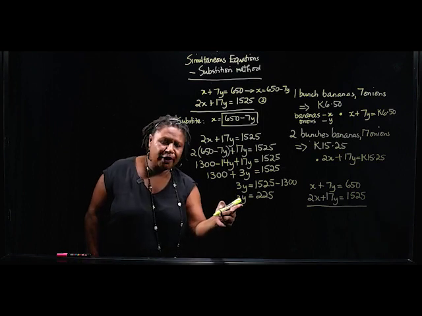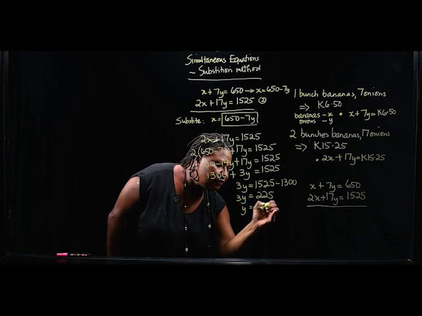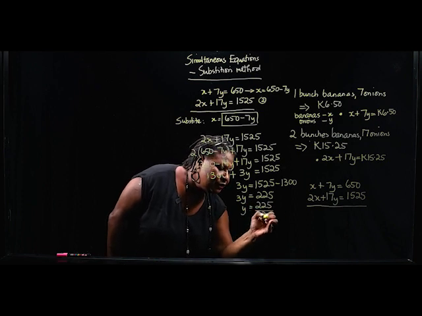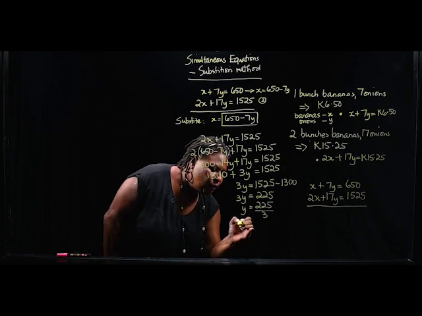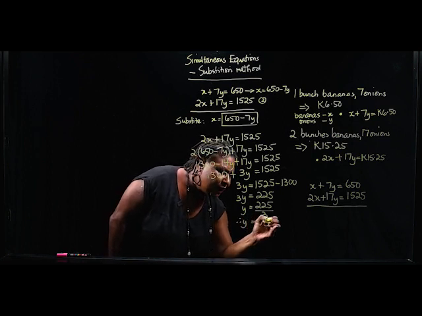So we are going to find y by division. y is equal to 225 divided by 3. y is therefore equal to 75.